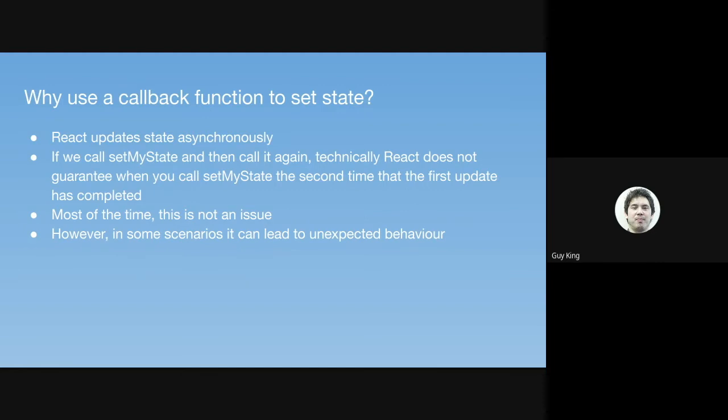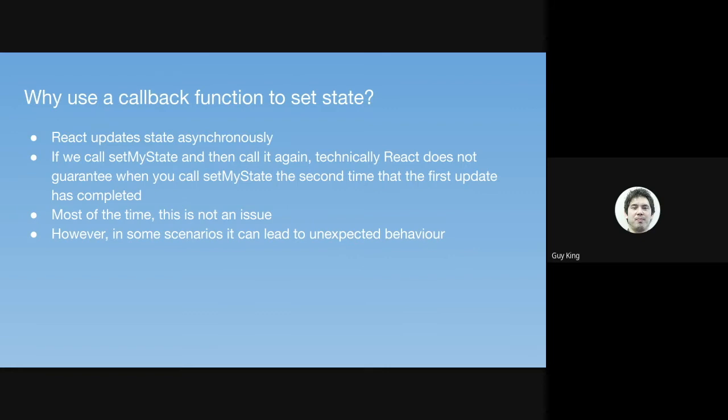So it might look like it has, but actually, from the framework's point of view, it's not saying you can write your code with that assumption made. You can't. So that's why you have to think about this callback function sometimes.